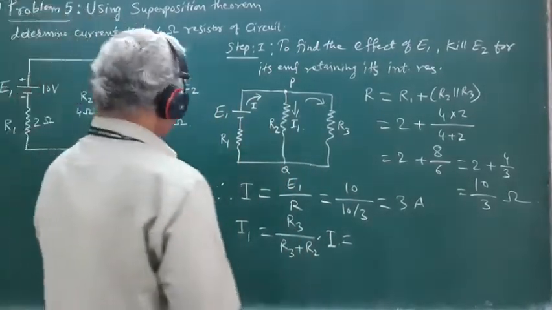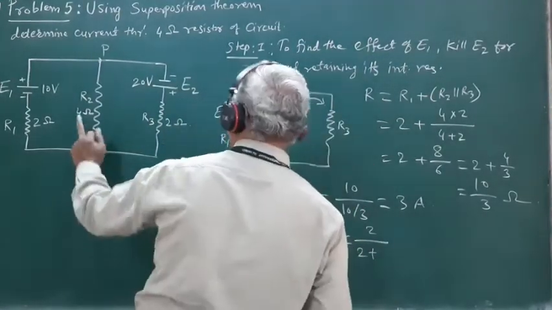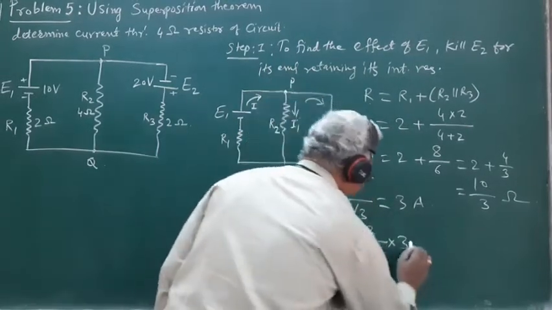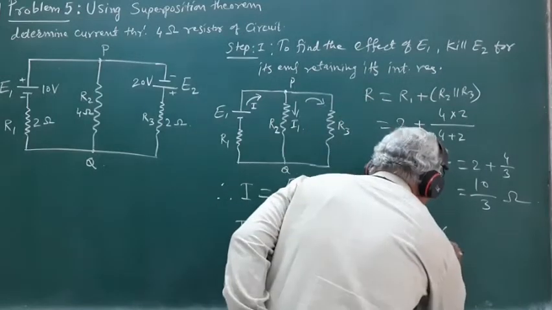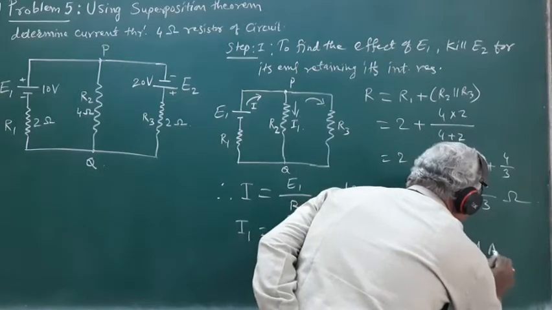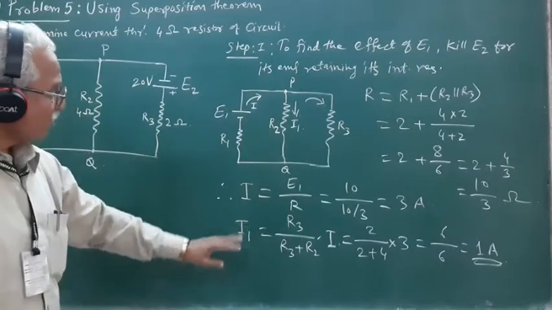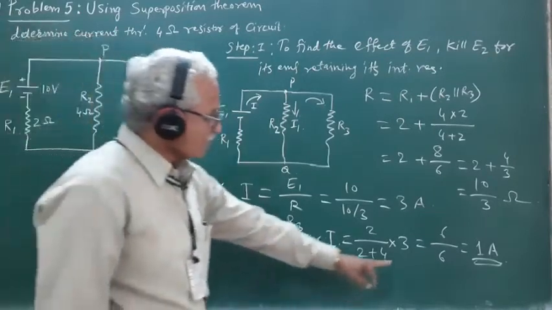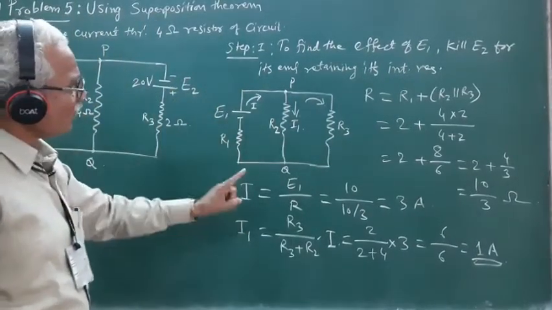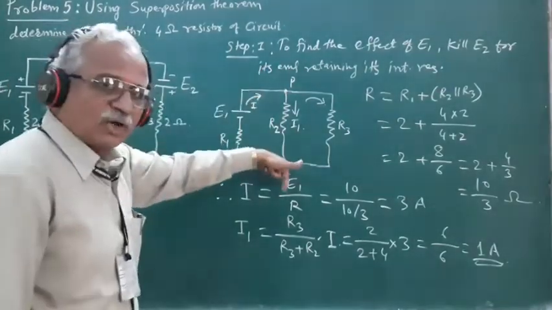So R3 is 2 ohm divided by 2 plus R2 is 4, into 3 amperes. So this is equal to 6 divided by 6. So it is 1 ampere. So the current flowing through this resistance R2 due to E1 works out to be equal to 1 ampere, and this current is found to flow from the point P to the point Q, that is in the downward direction.